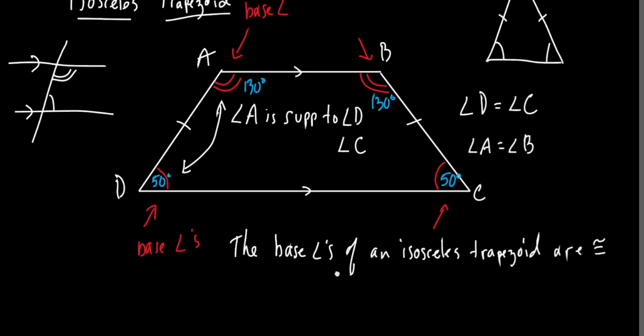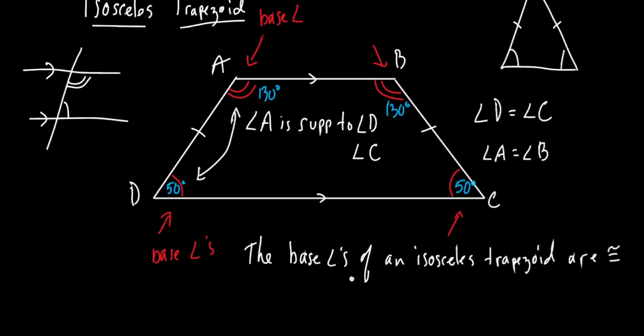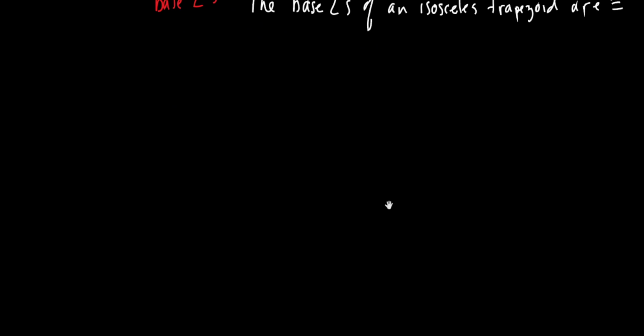Let's draw another one. It's kind of messy on that one. So this is also an isosceles trapezoid. Well, actually, I don't know yet. I do not know that this is an isosceles trapezoid.